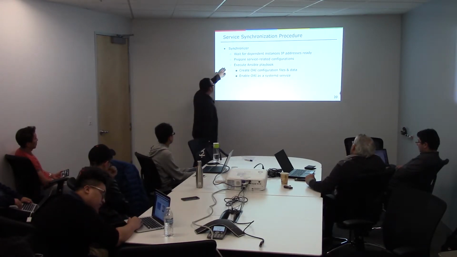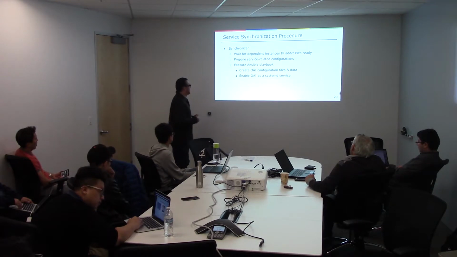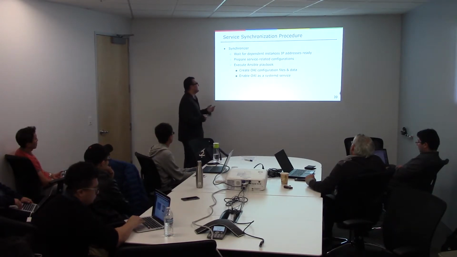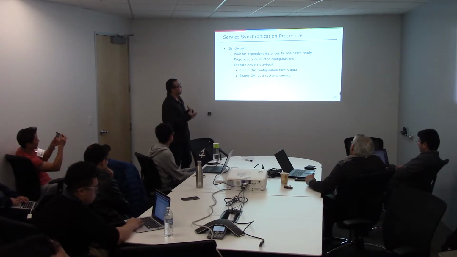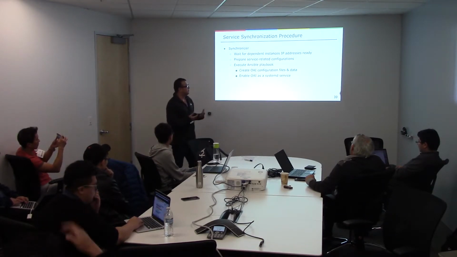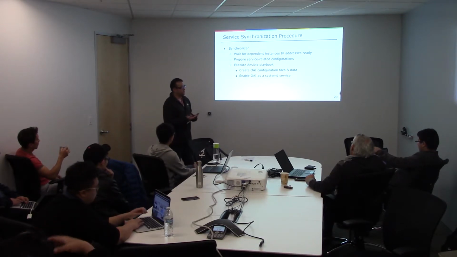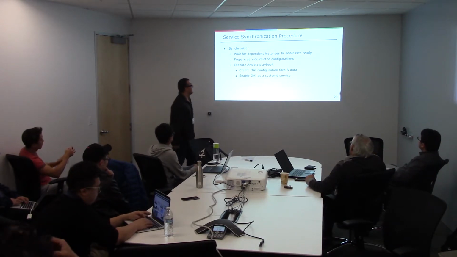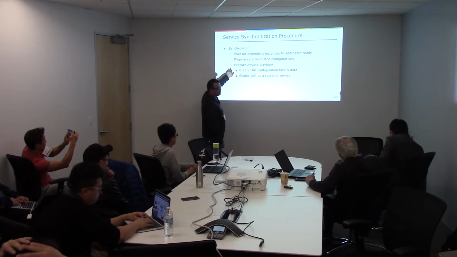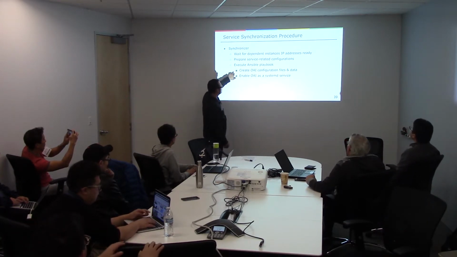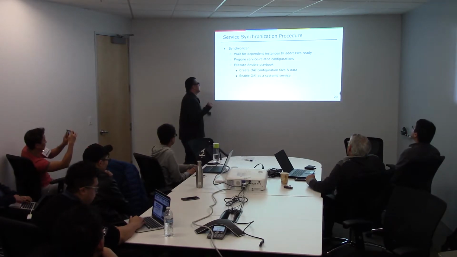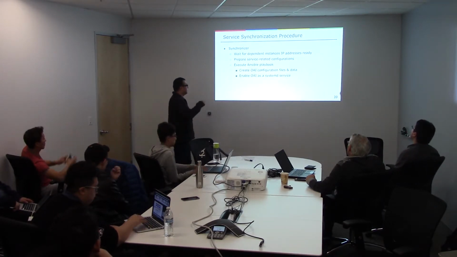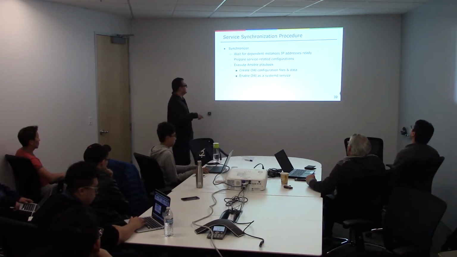And when it's ready, it will prepare the service-related configuration. That includes the IP addresses and what the EPC component needs, something like APN or the MCC. Yeah. And then it will tell the Ansible playbook to create this configuration file and the data, and put the file into the instance.